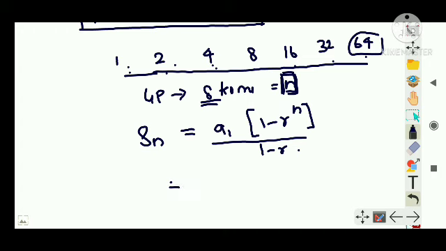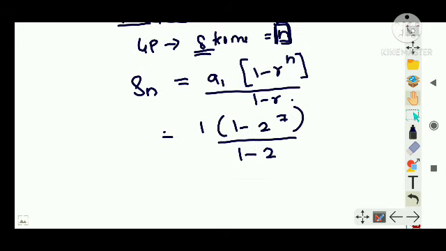Suppose in this question a1 is 1, the ratio is 2, and how many terms are there? 1, 2, 3, 4, 5, 6, 7. 7 terms, divided by 1 minus r, again 1 minus 2. This section will be negative, and obviously this is also negative, so you just need to find the numerator section. 1 minus 2 raised to 7. You know what 2 raised to 5 is? It is 32.